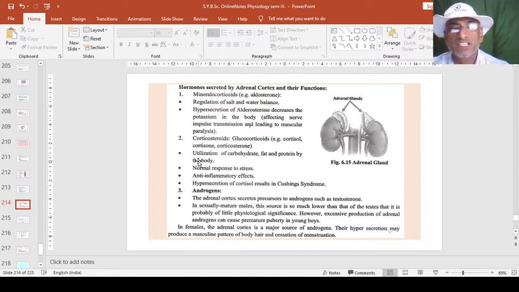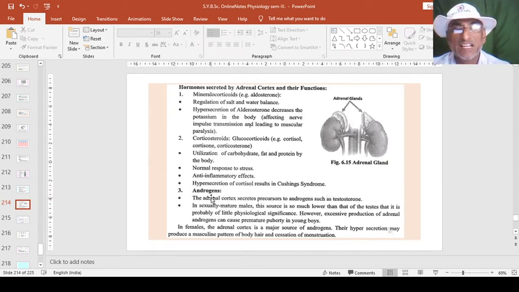So it performs functions like utilization of carbohydrate, fat and protein by the body, then normal response to stress, then anti-inflammatory effects, and hypersecretion of cortisol results in Cushing's syndrome. So Cushing's syndrome is nothing but an abnormality in the functioning of the adrenal gland. So this hypersecretion causes Cushing's syndrome.